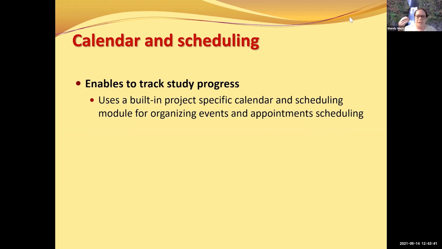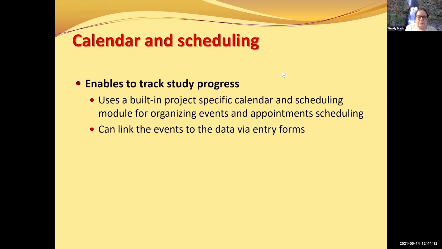Each project has its own built-in specific calendar where, if you're using it, a person's events and times will show up on the calendar when they occurred. And you can also place in regular study events, meetings and whatever that aren't really tied to the database. But you can actually put people's event times and schedules into the calendar itself.